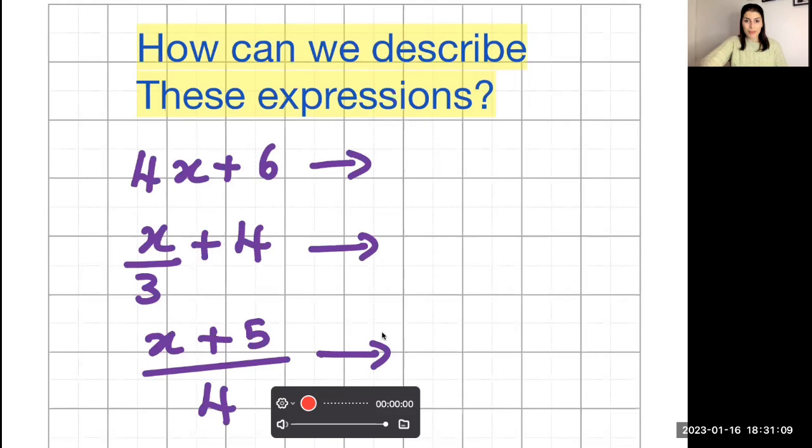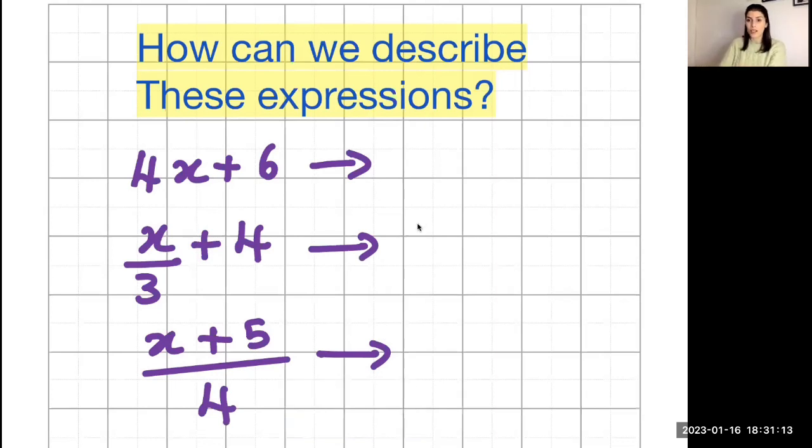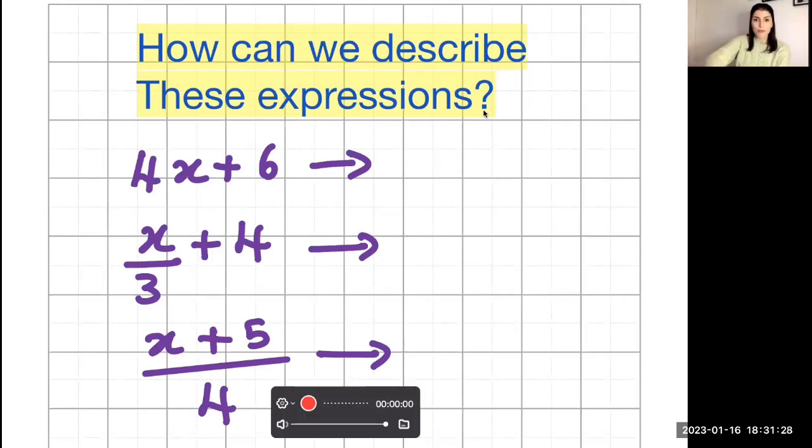So starting from the beginning, how can we describe these expressions? So I've put these up as a starter just because it's really important you understand what an equation actually means. So X is always your unknown or any letter. It's basically what we're trying to find. And the first one says 4x plus 6.